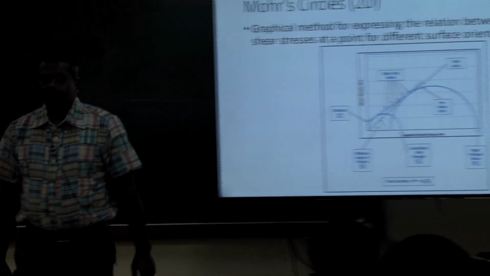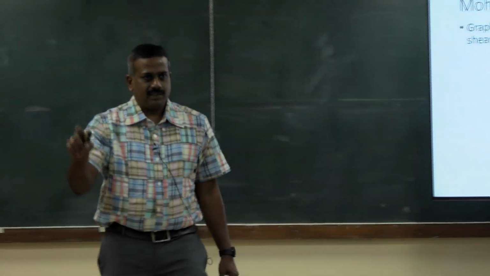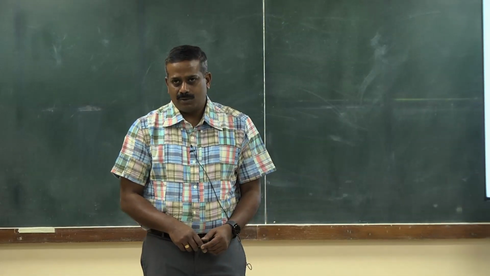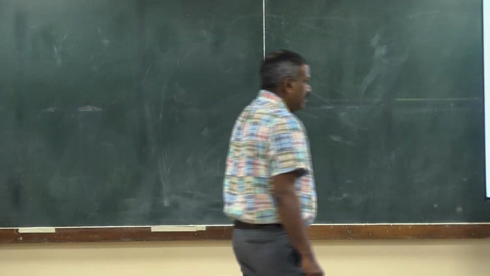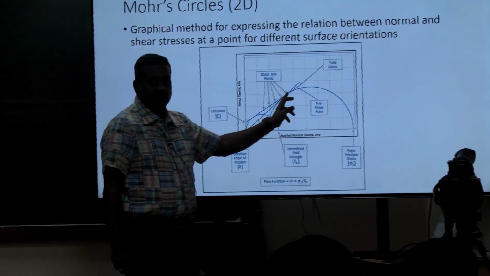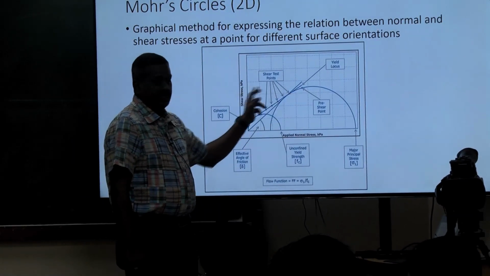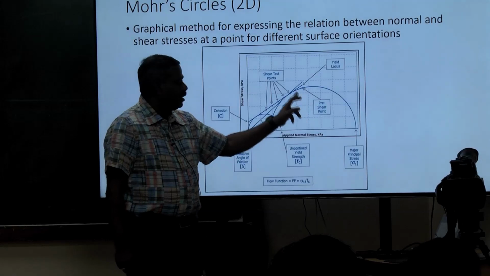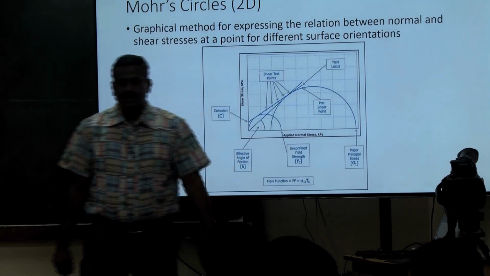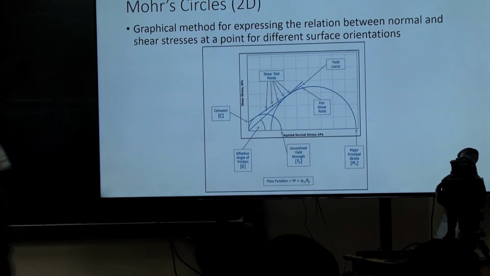So using that origin and just touching the line, you draw a minor Mohr circle. The major Mohr circle will be touching at the end point of the relationship between applied and shear stress. So touching the last shearing point, you draw another circle, that is the major Mohr circle.